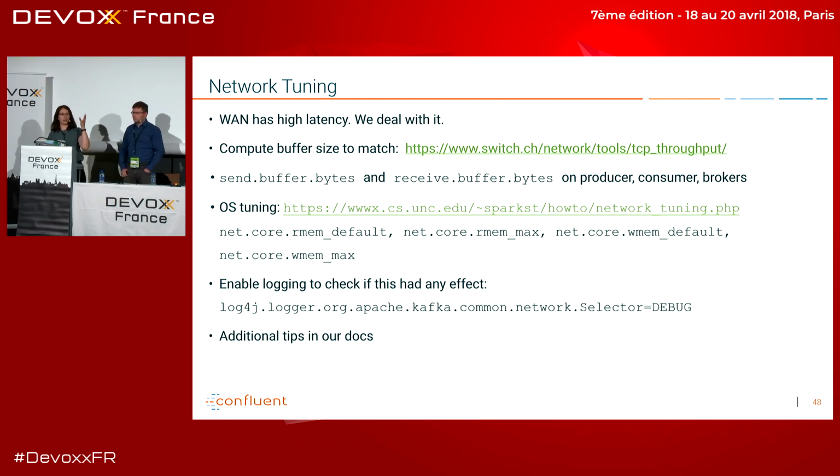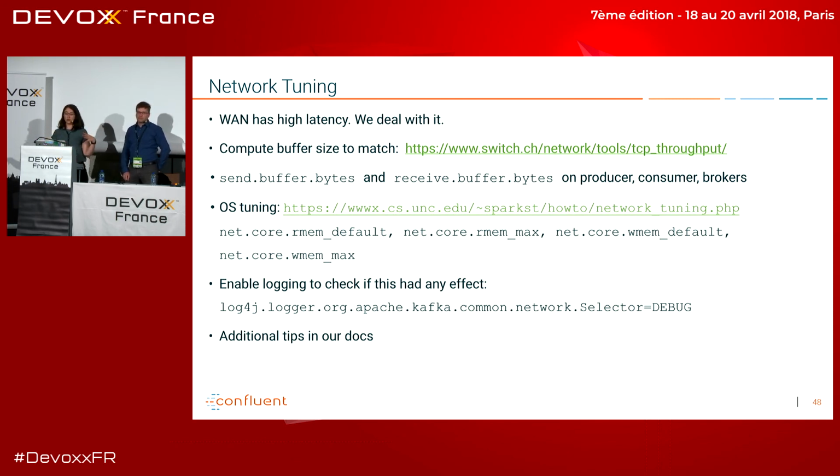If you take a machine, for example, the destination client, and you tune it to the hilt, but you don't tune the brokers that it's reading from over the WAN, then it's not going to do anything, basically. So make sure that you tune Kafka, and you have those send buffer bytes and receive buffer bytes, and you tune the operating system, net core rmem default. Again, there's a nice paper on how to tune network for the WAN. I don't have to teach it all from scratch.